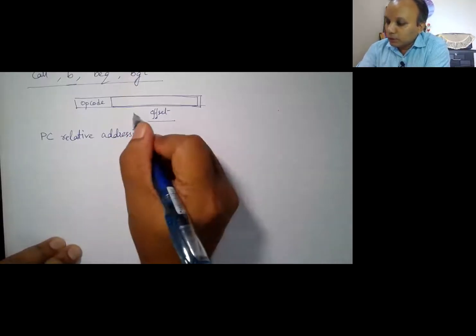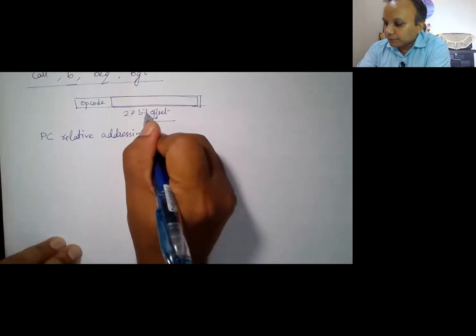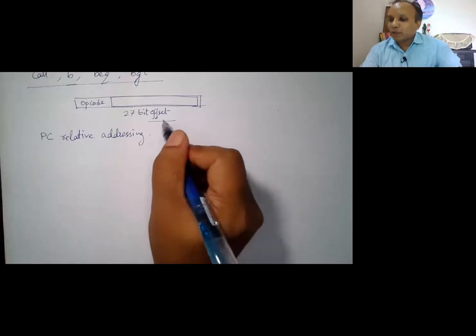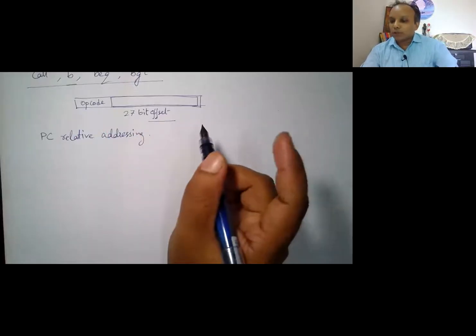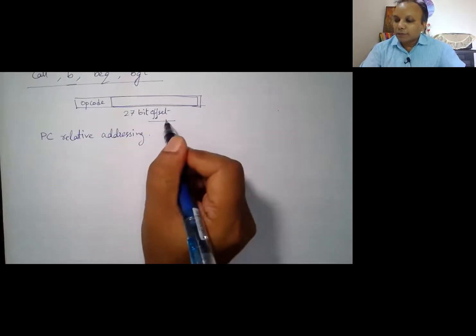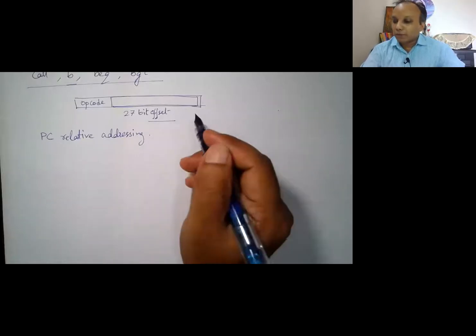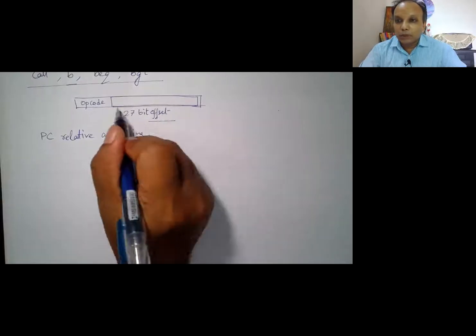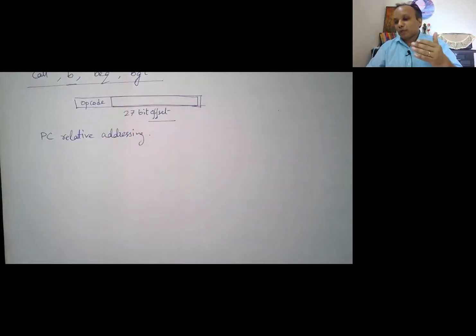So this is your 27-bit offset, which will be added to or subtracted from the PC to get to the new location from where you get the next instruction. So this is a signed number. That's why you can add something to the PC, or you can subtract something from the PC.